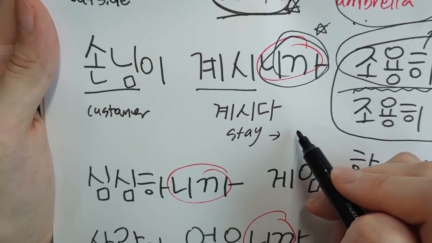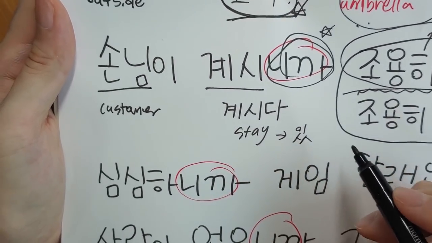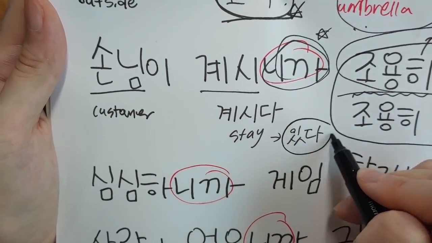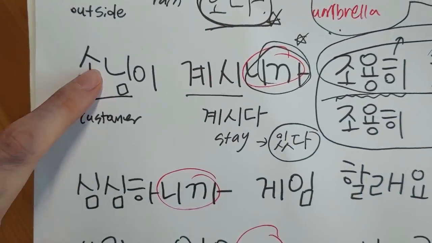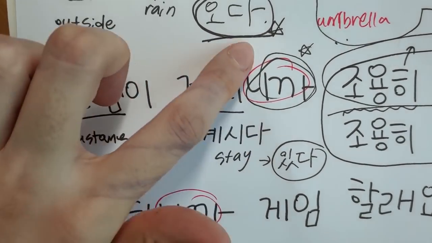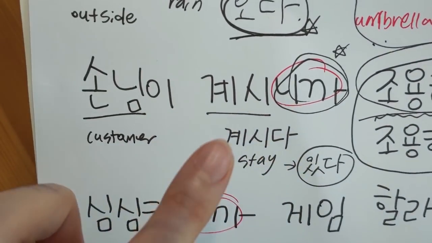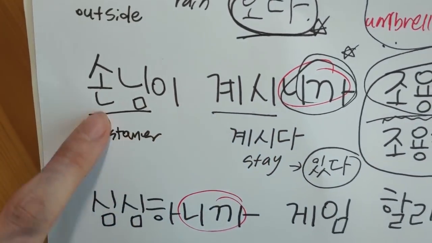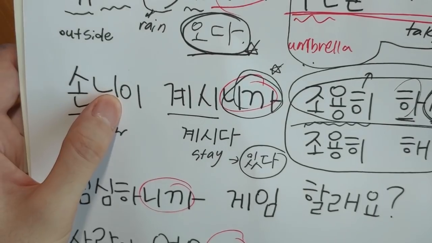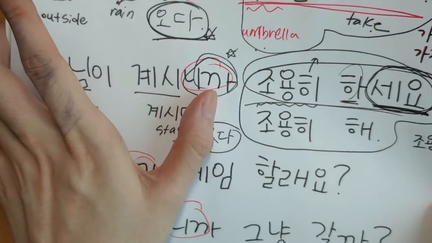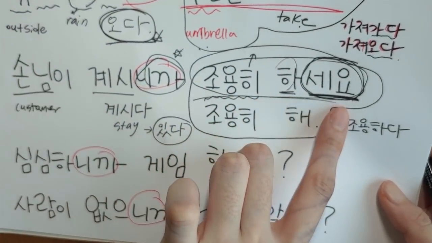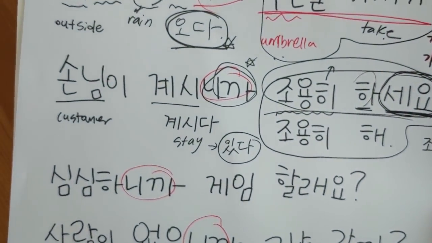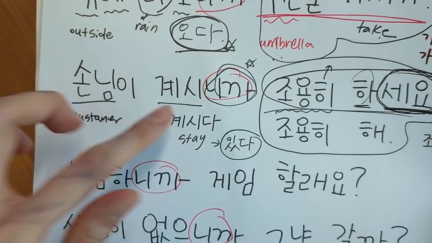And this is an honorific form of the verb 있다. Do you guys remember? So 손님이 계시니까. By using the verb 계시다, the speaker is showing respect to the customer. So the customer is here. 손님이 계시니까 조용히 하세요. Be quiet. This is the meaning of this sentence.